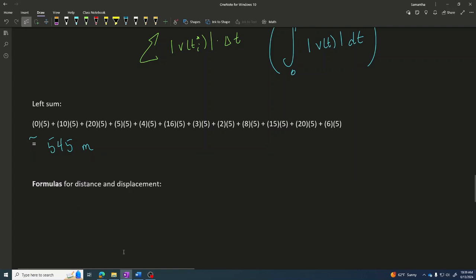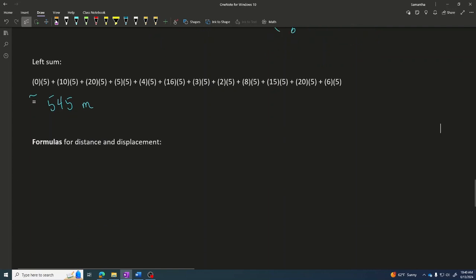Okay, now that we've gone through these exercises, let's go ahead and write down the formulas for distance and displacement, as can be calculated using integrals.